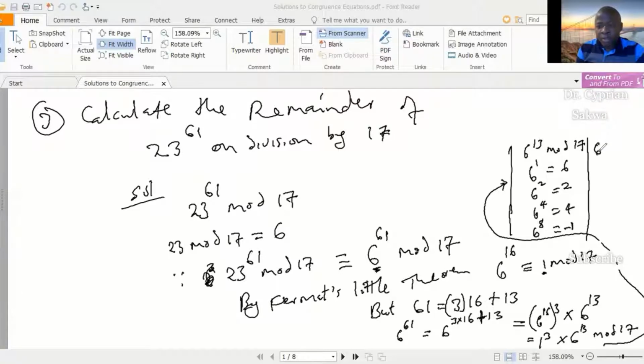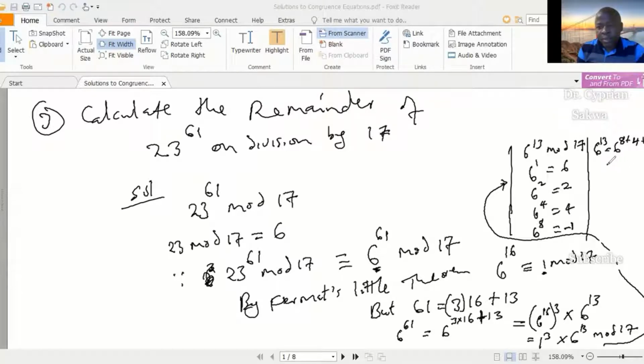Of course, I know that 6 raised to 13 is the same as 6 raised to 8 plus, if I add 4 there, I get 12, that is okay, and then I have to add 1. This is 13.